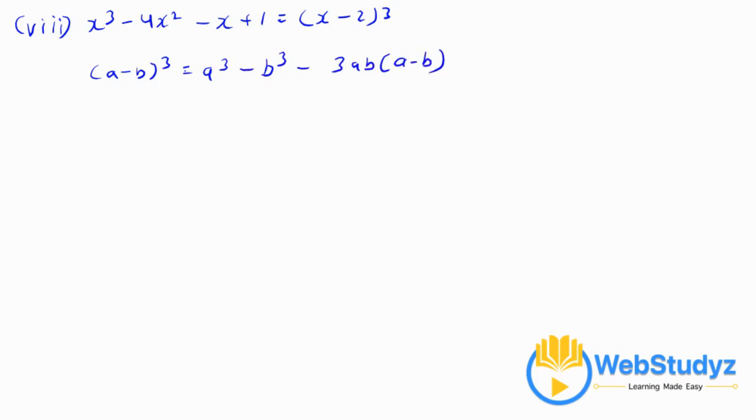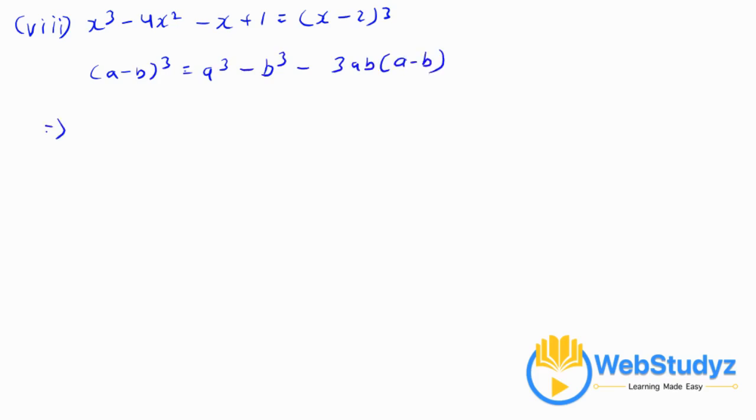Now move on to the last equation, which is x³ − 4x² − x + 1 = (x − 2)³. Here we can use the identity (a − b)³ = a³ − b³ − 3ab(a − b).